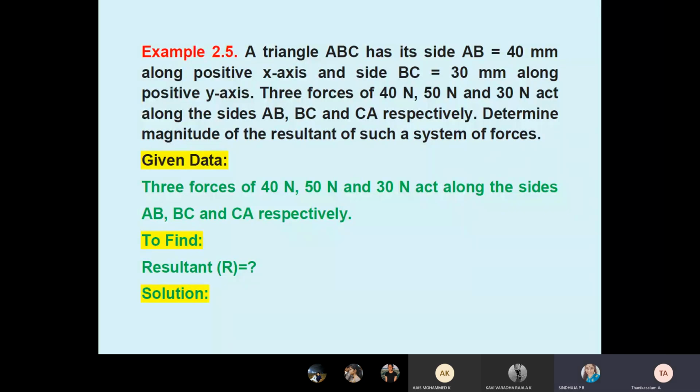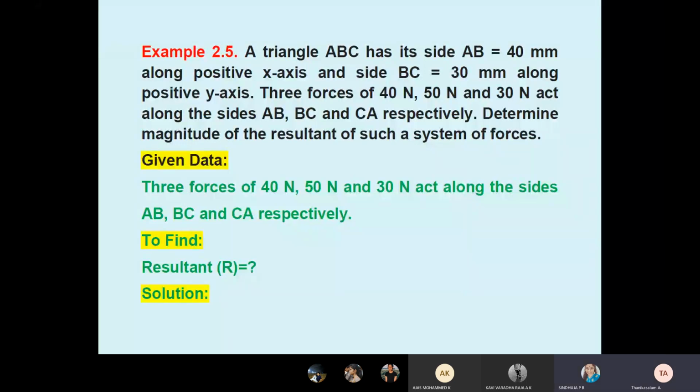A triangle ABC has its side AB equal to 40 millimeter along positive x-axis and side BC equal to 30 millimeter along positive y-axis. Three forces of 40 Newton, 50 Newton and 30 Newton act along the sides AB, BC and CA respectively. Determine magnitude of the resultant of such a system of forces.